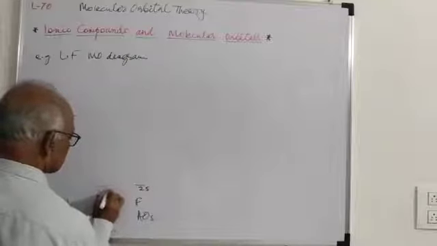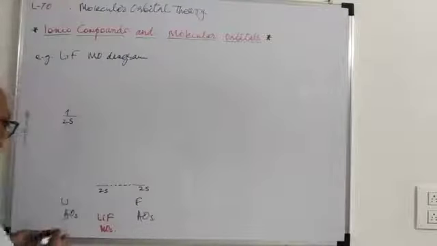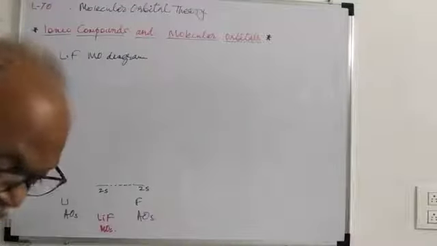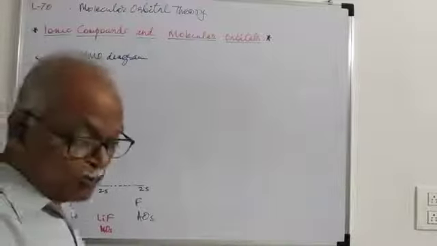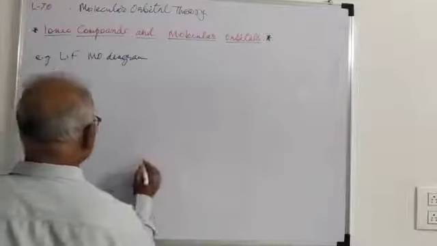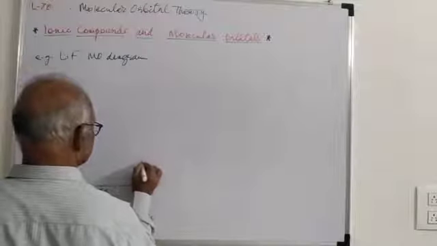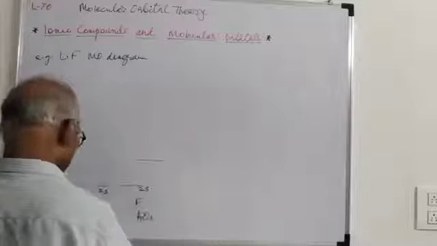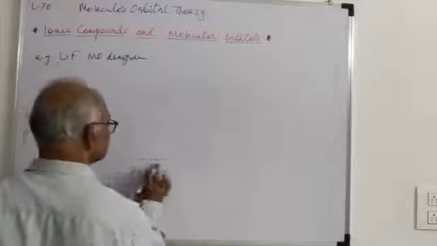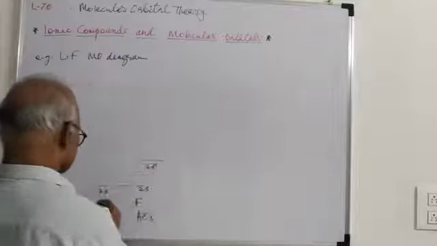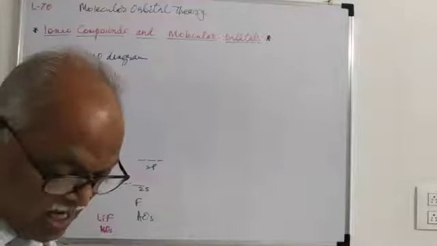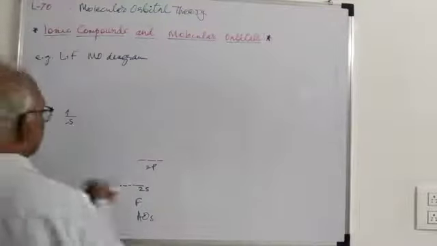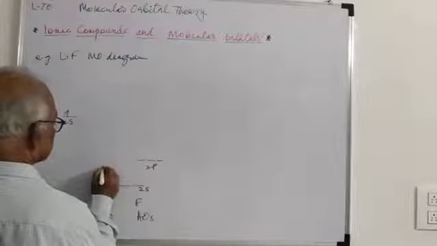So we have just shown that it is transferred to the MO system. Now we have the 2p orbitals, which are lying like this. And after linear combination, it produces the molecular orbitals like this.